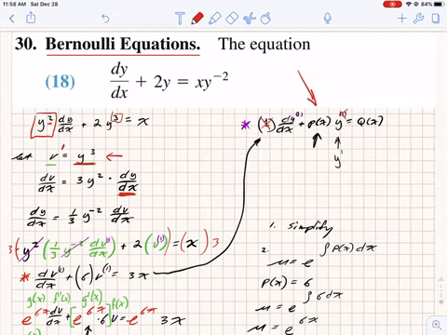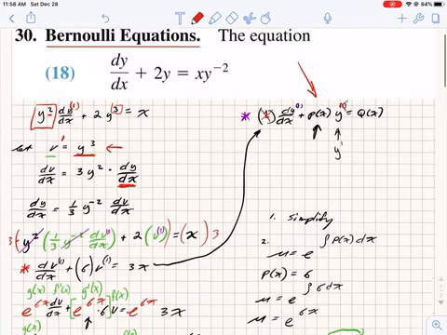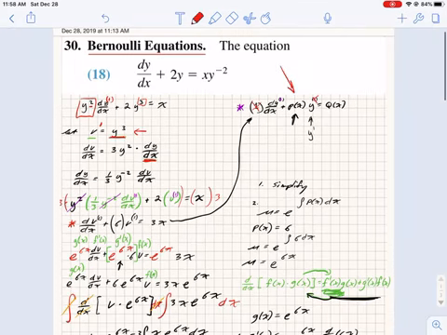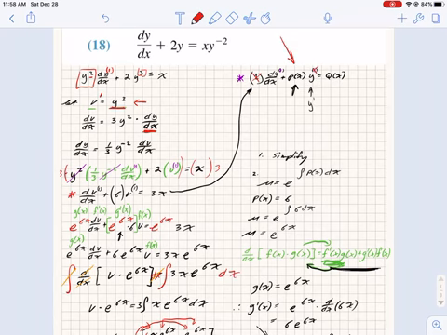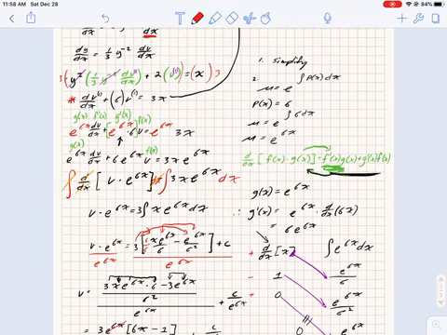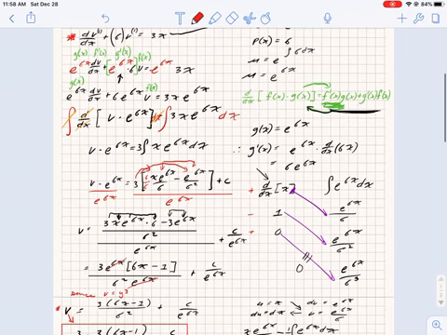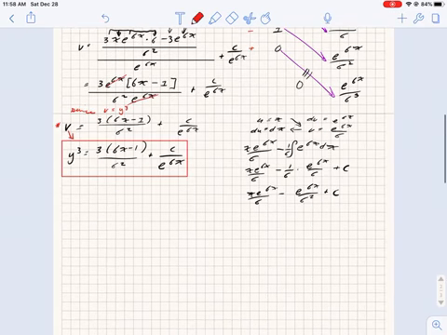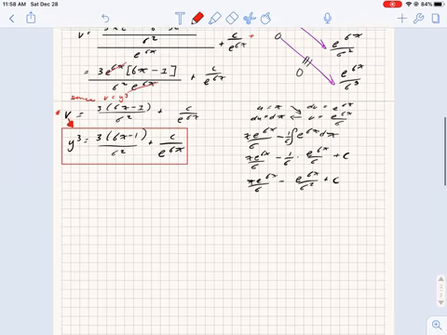But that's okay, because as long as the differential is still to the first power, we can use the Bernoulli equation. The Bernoulli equation is where you basically do a u substitution, and you'll end up getting a linear DE, and you solve for that linear DE, and then at the end you just do a back substitution, since v was equal to y cubed is equal to whatever v was.